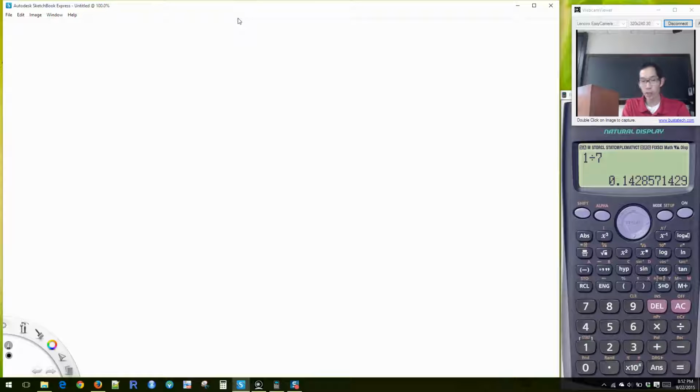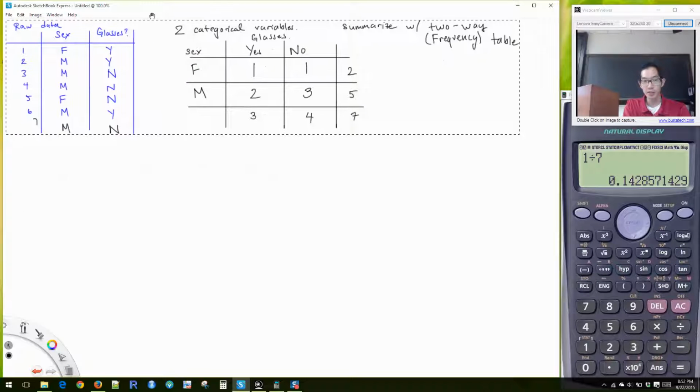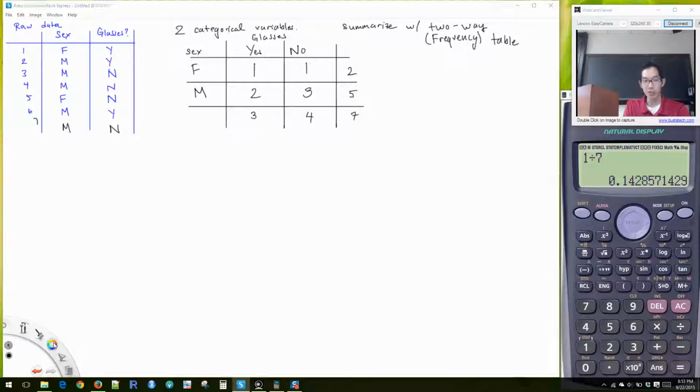While we are talking about categorical variables, this is the same data table from before. You don't have to rewrite it in your notes, but it gives some context. We can talk about visualizing categorical data.